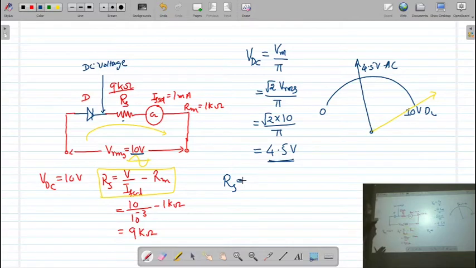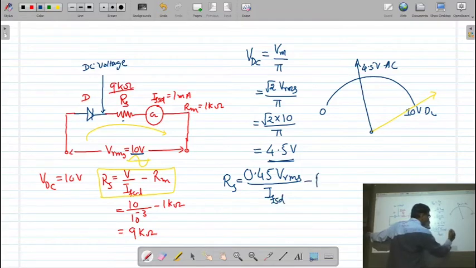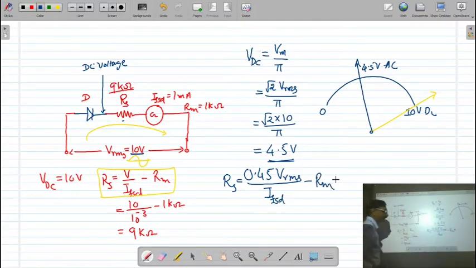Means the sensitivity is decreasing. So I have to modify this voltage V. Instead of V, now we can write 0.45 into Vrms divided by IFSD minus Rm. Remember. So using this formula, you can calculate the new value of Rs.